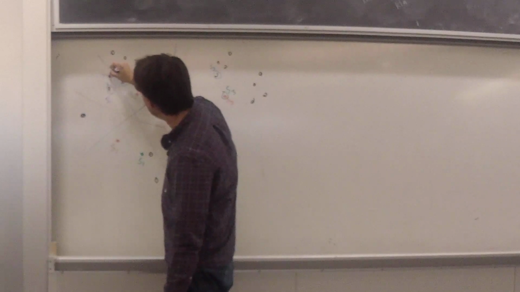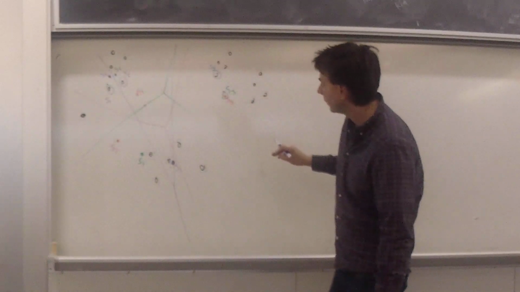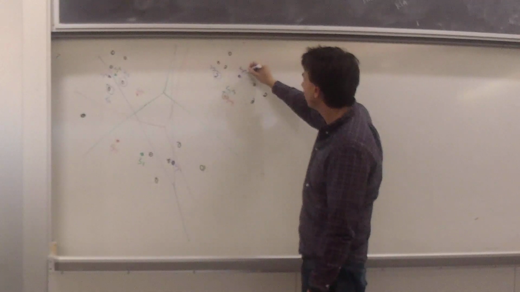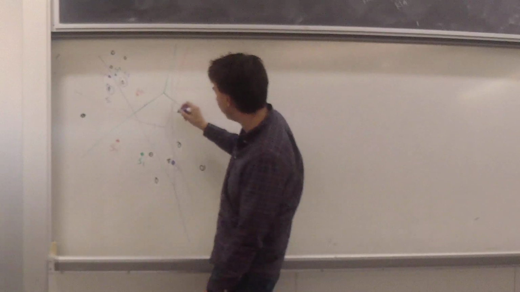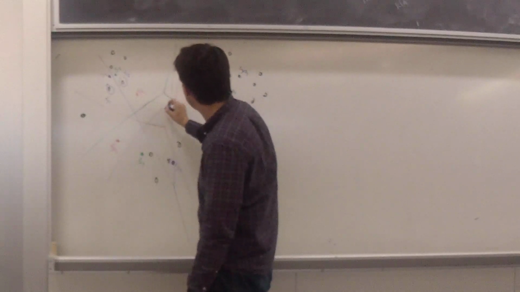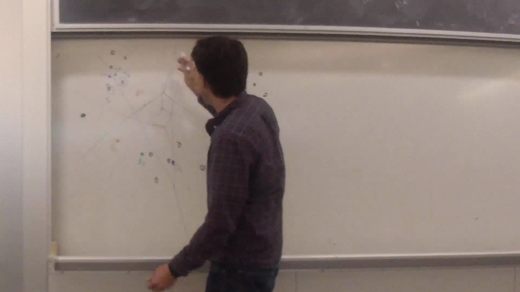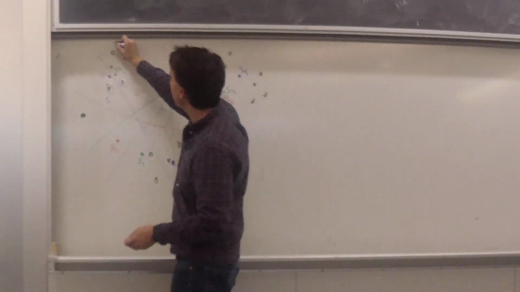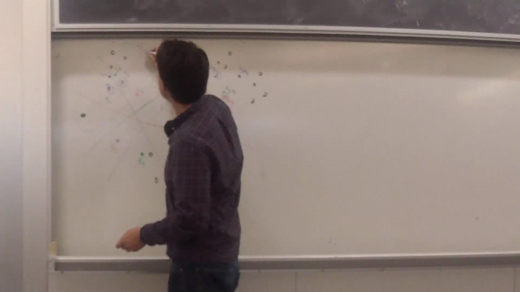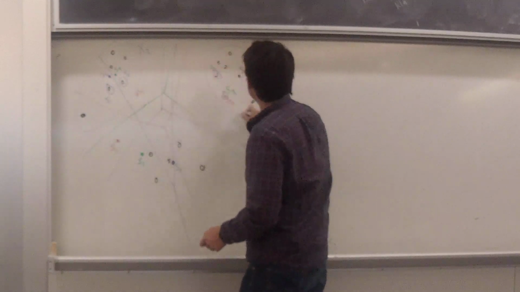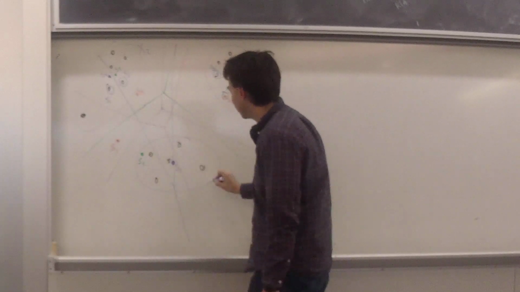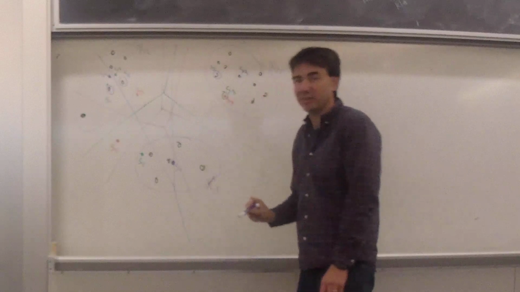So S2, and S3 is up here. Now the Voronoi diagram looks kind of like this. These points are X2, this is X3, and this is X1. And I think it worked pretty well.